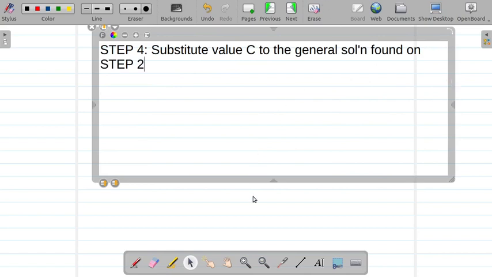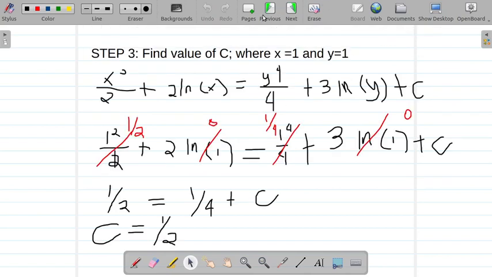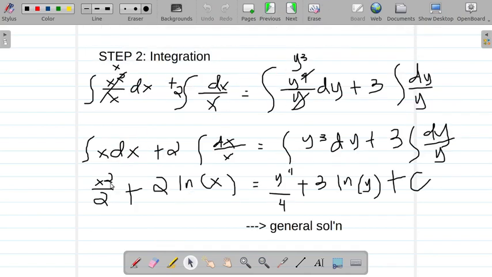So, unsa ganitong general solution ni step 2? So, muna siya x squared over 2 plus 2 ln of x is equals to y to the power of 4 over 4 plus 3 ln of y plus the value of c.